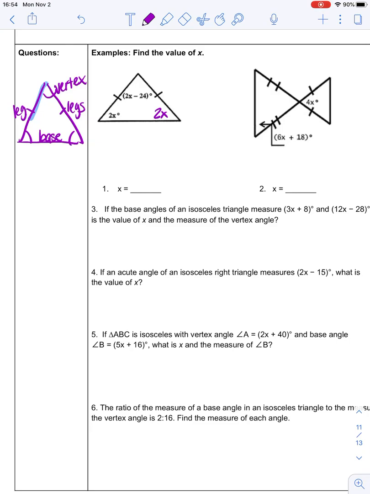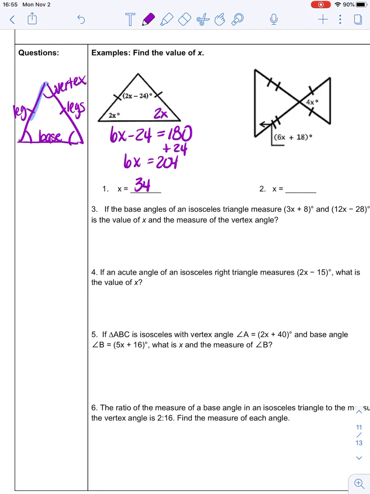So I can say 2, 4, 6x minus 24 is equal to 180 degrees. So if I take 180 and add 24 to both sides, divide both sides by 6, I get that x is 34. Let me write some of that down. X is equal to 34. And I went back to the angles of a triangle adding to 180.